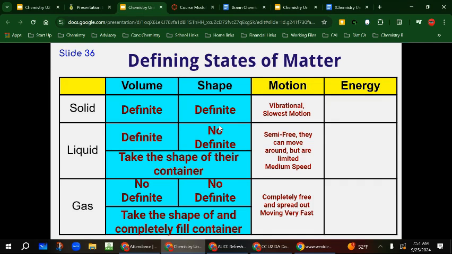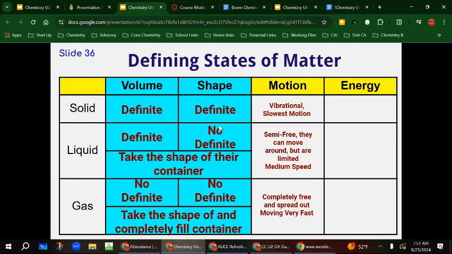Other gas particles. Who knows? Maybe one comes right now and hits right square in the forehead and bounces off and goes a different direction. But it's got to hit something. Gas particles move in a straight line until they hit something, then they bounce off in other directions, which is why if it's moving this way and somebody opens the door, it goes right out the door and keeps going until it hits something. Okay?